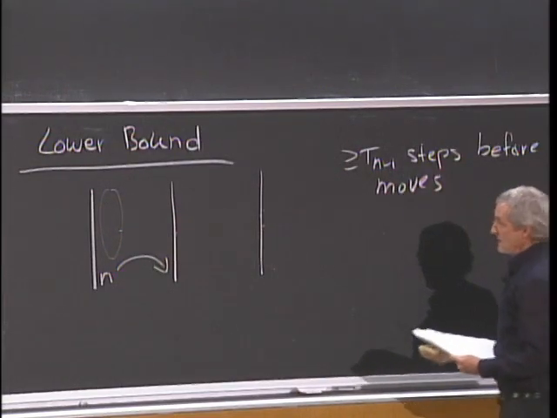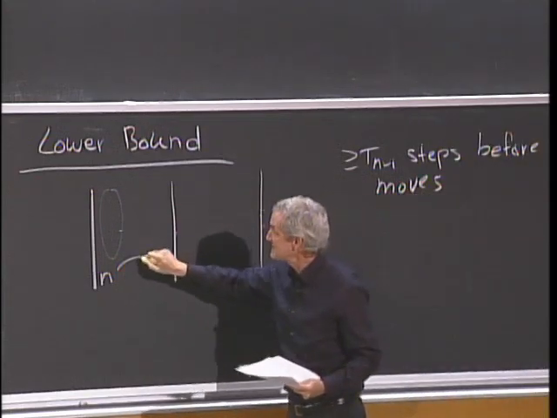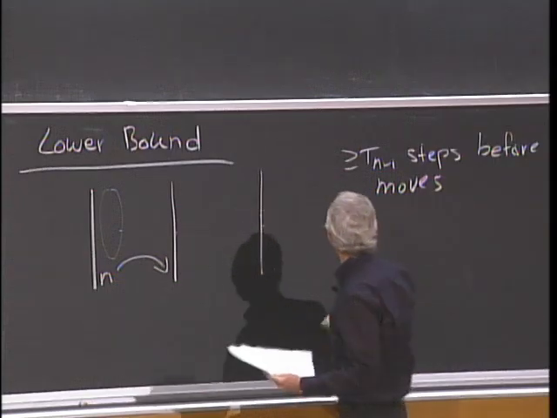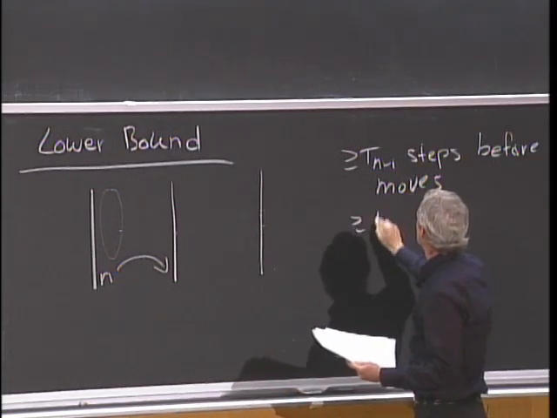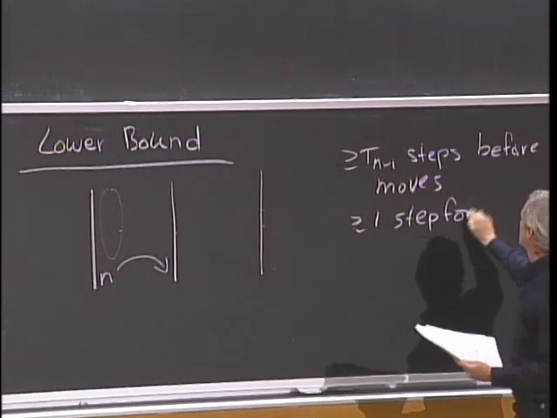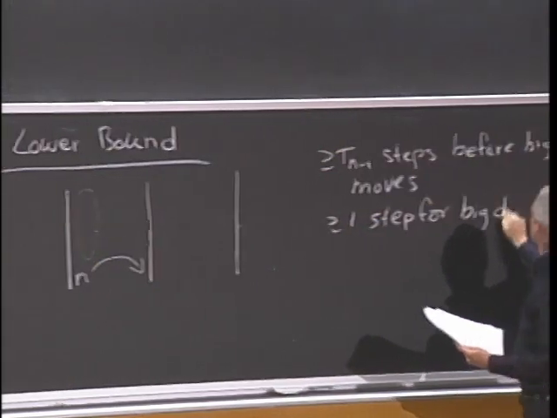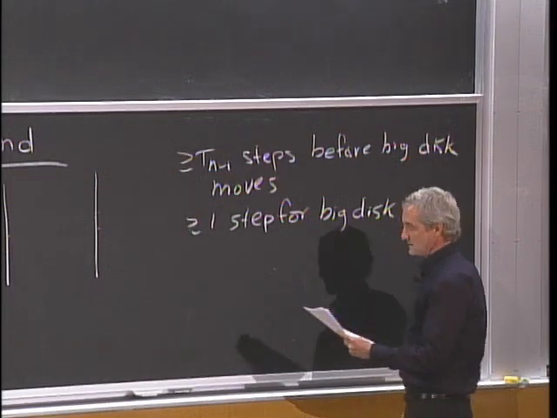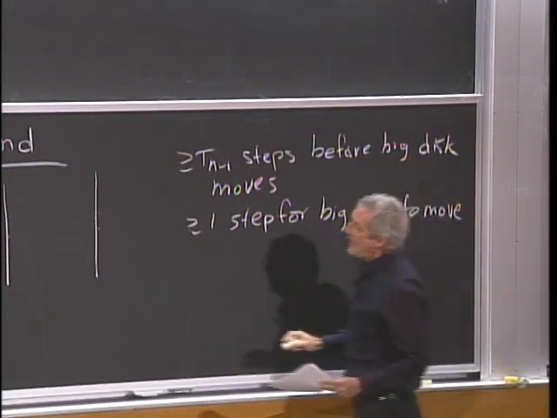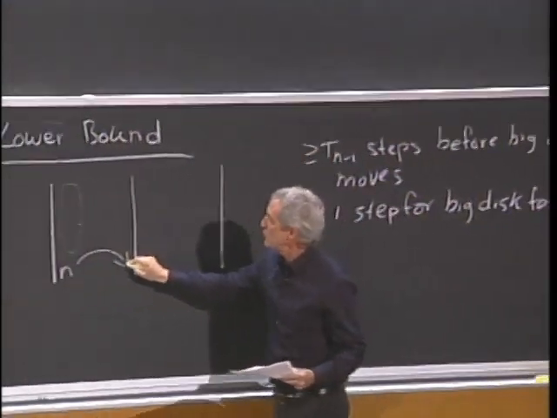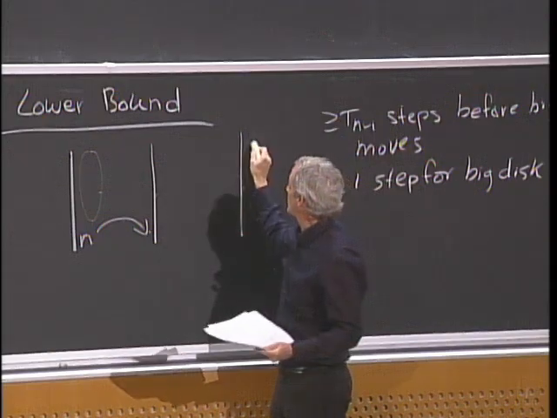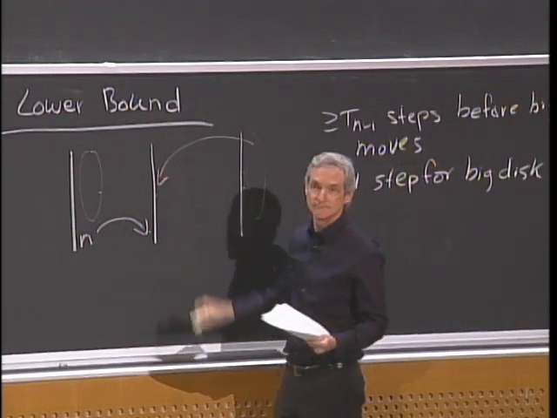All right? Then there is the step when the big guy moves. One step for the big guy to move, because it's got to move at least once. And then after it moves, I got to get everything else, one way or another, on top of it.